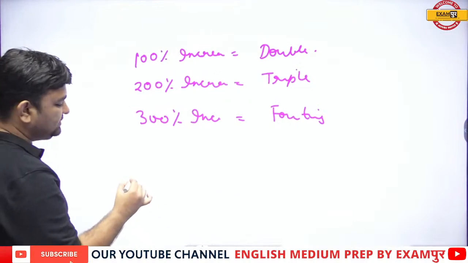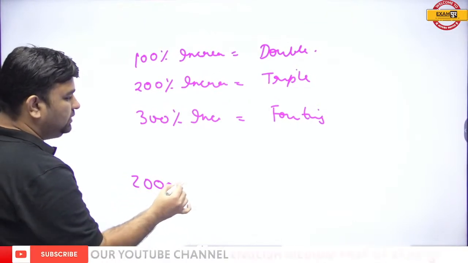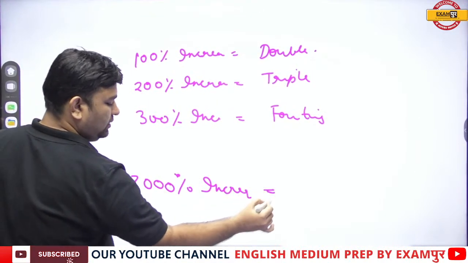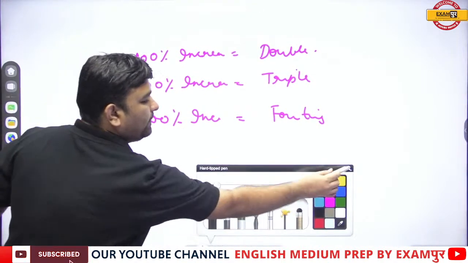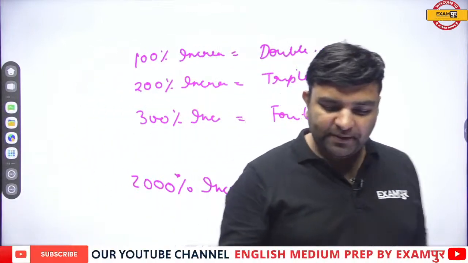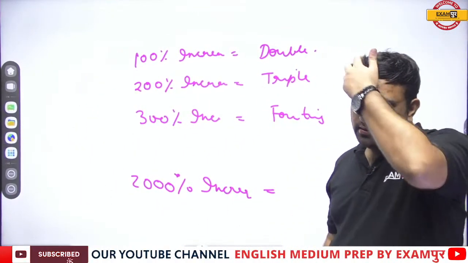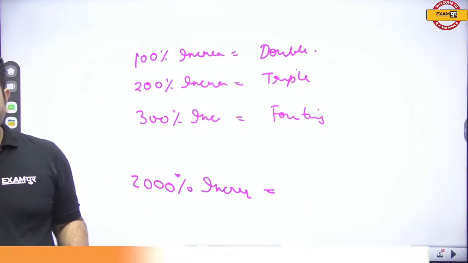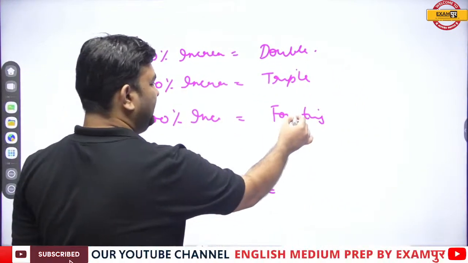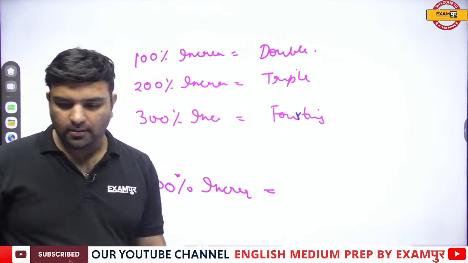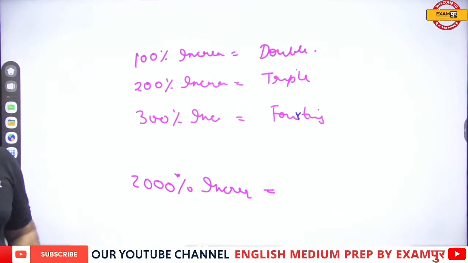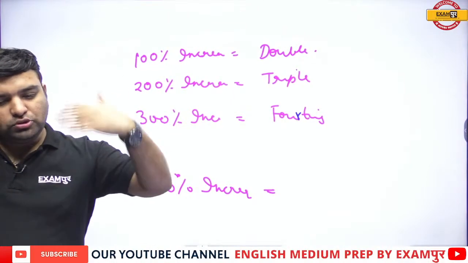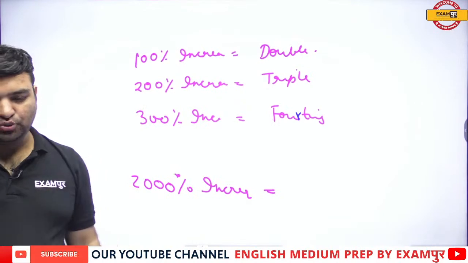2000% increment is how many times? Come on, tell me. 21 times.